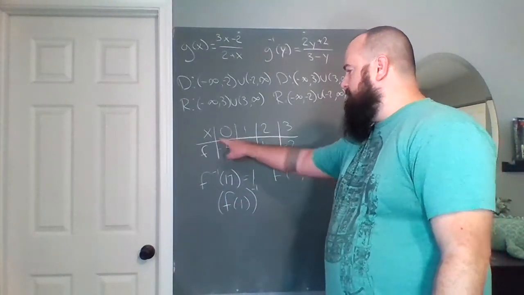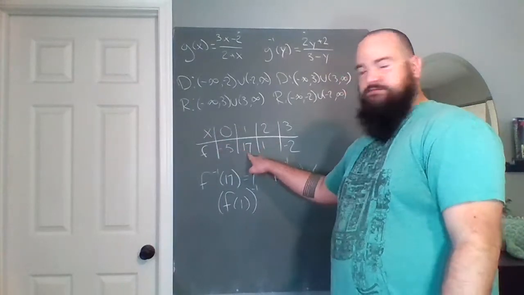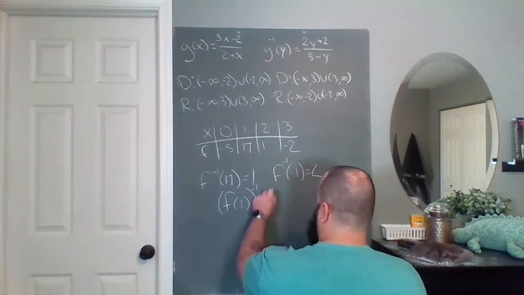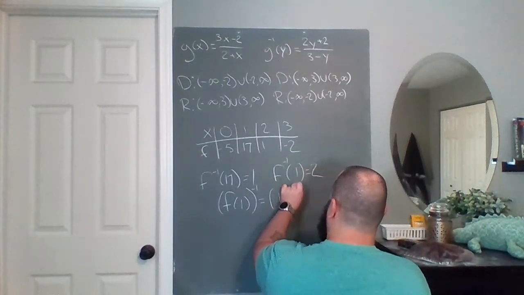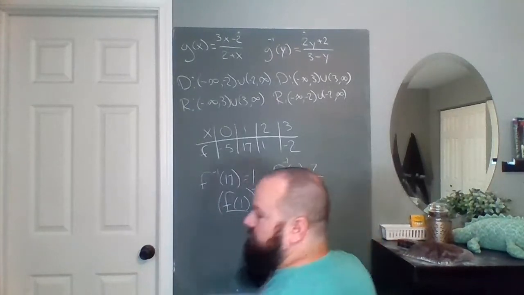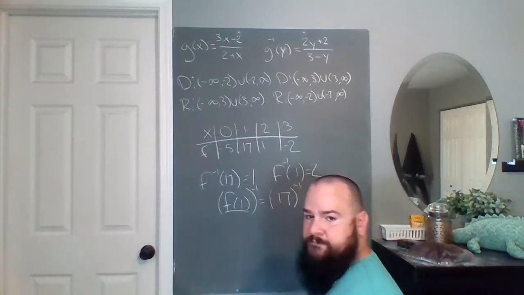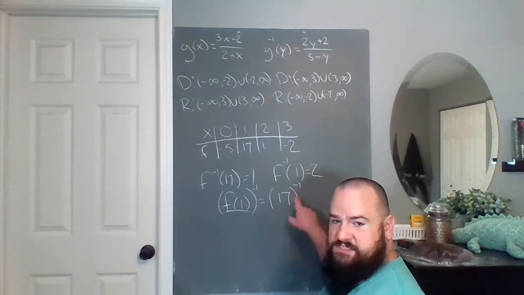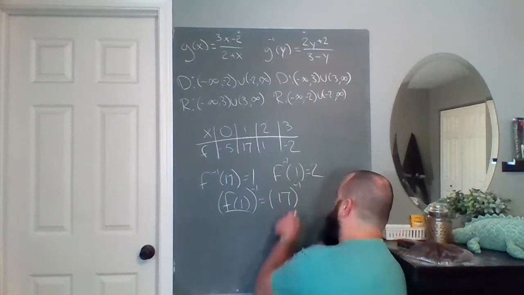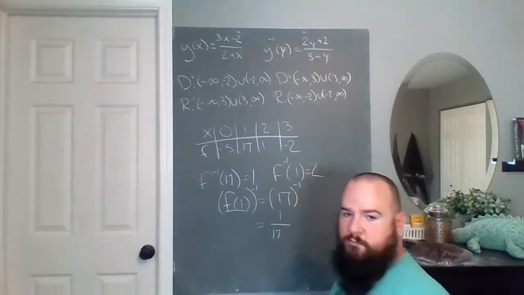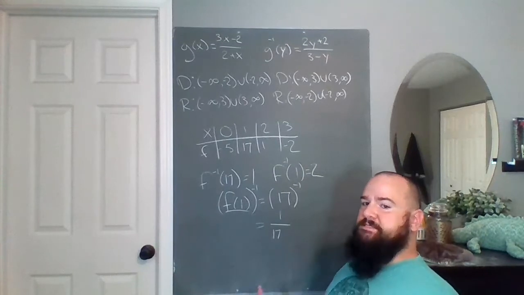Well, f of 1, that means x is 1, f is 17. So this is (17) to the negative 1, because I know what this was by using the table. So I can replace that. Then I just use the exponent rules. This is just a number with an exponent. So this is just 1 over 17. That's it.